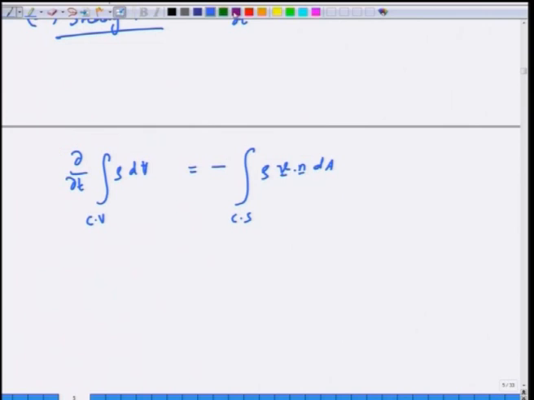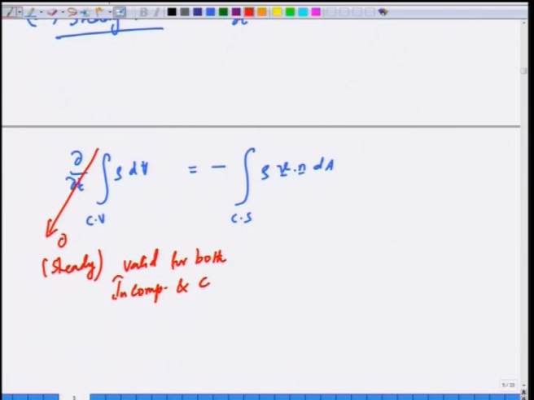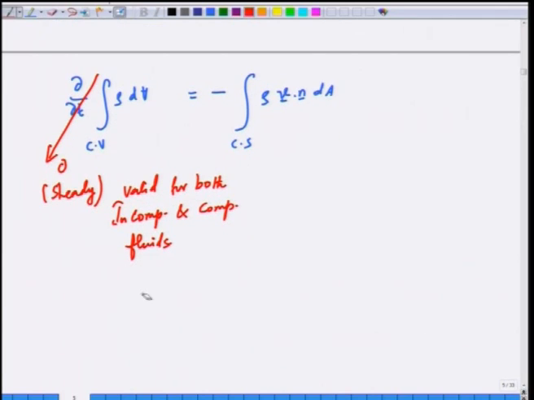Now, for steady flow approximation, d dt is 0, valid for both incompressible and compressible fluids. This is independent of whether rho is constant or not, because we are assuming the flow to be steady.